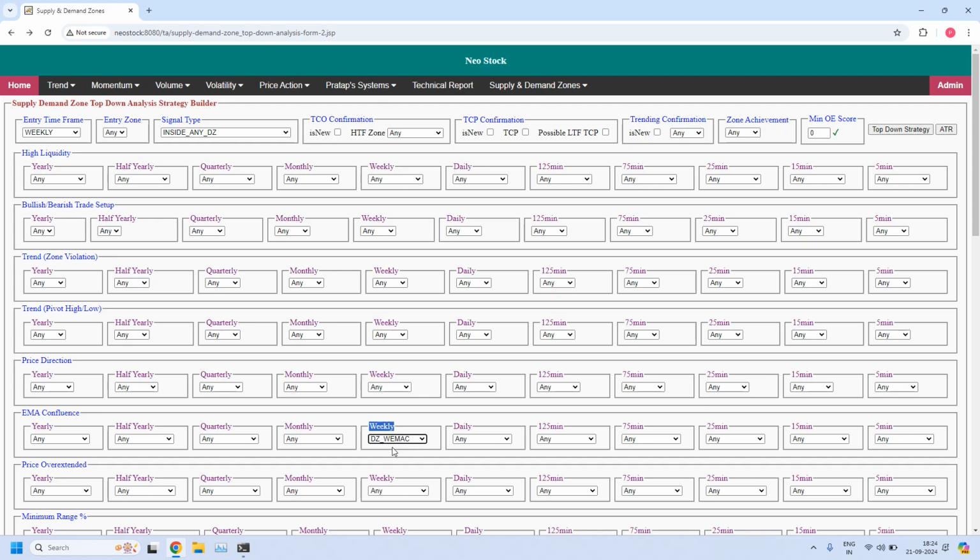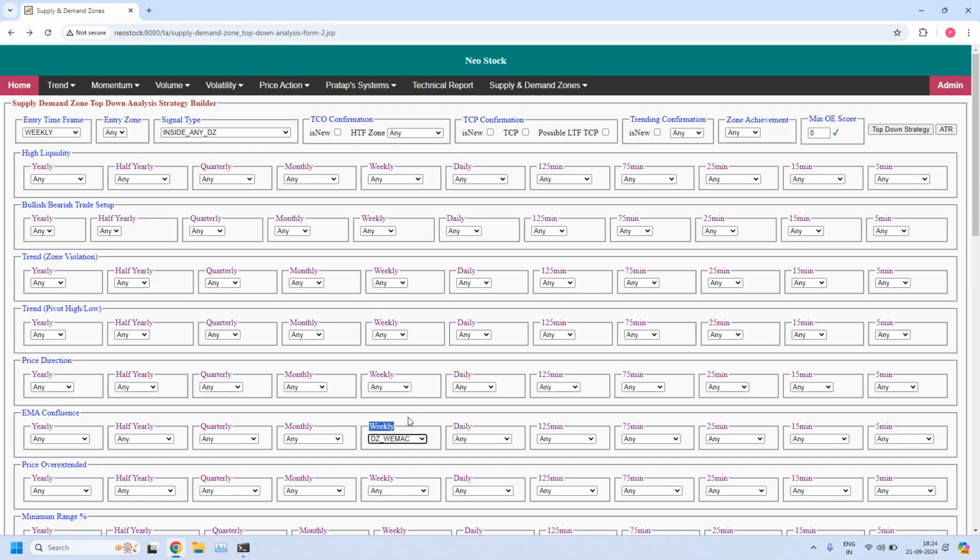But you know that EMA confluence makes sense only in a trending market, not in a sideways market. That is the reason why, because prices are closed in the demand zone, if demand zone EMA confluence is there, there are higher chances prices will start moving from this zone. Probably you may find a fine-tuned zone inside the zone, on the daily time frame or further fine-tuned to the 75 minute time frame, where you plan a trade.